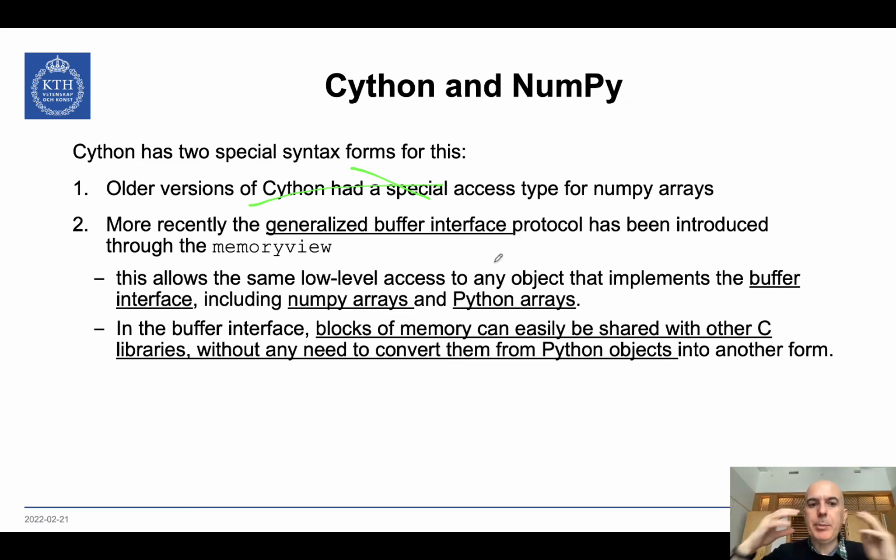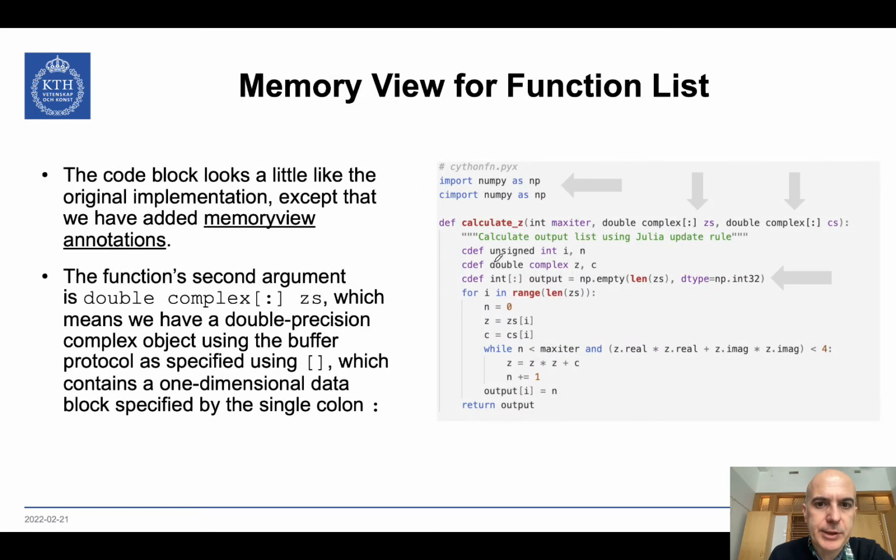It is a big abstraction over different objects. With this buffer interface, blocks of memory can be easily shared with other C libraries without any need to convert them to a Python object or another form. This is a very nice abstraction that allows access from C interfaces and Python interfaces.